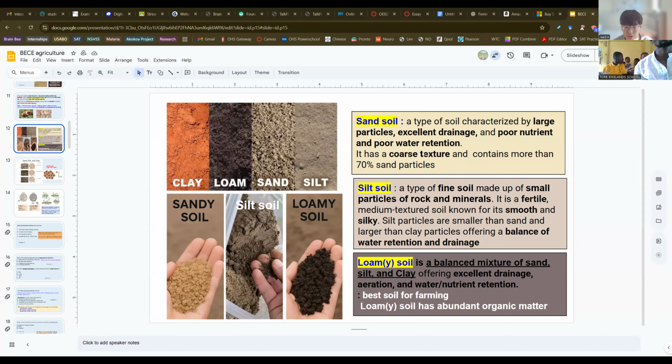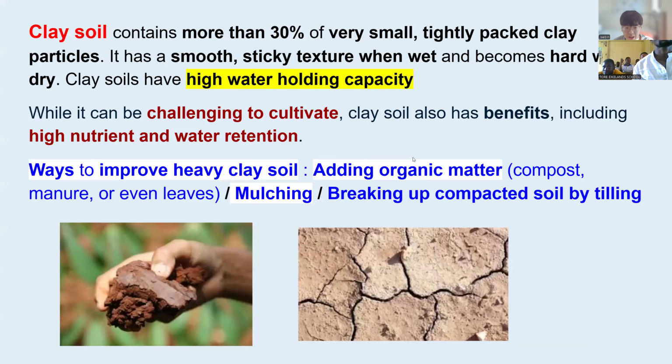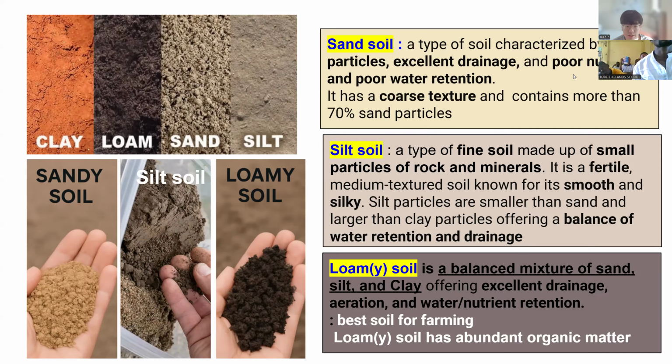Okay, we will start where we left off last time. We're still on the topic of agriculture. Last time we talked about different types of soil. There is sand soil, which is a type of soil characterized by large particles.